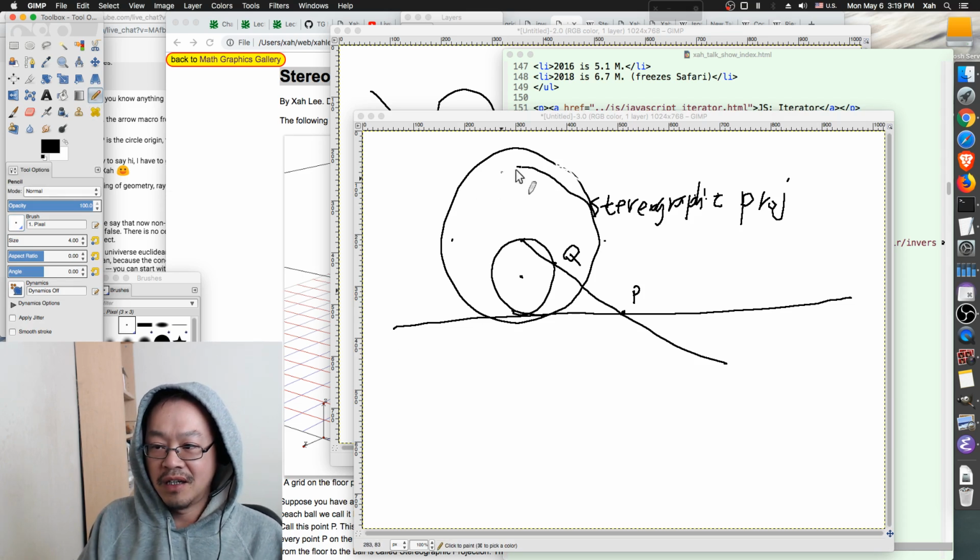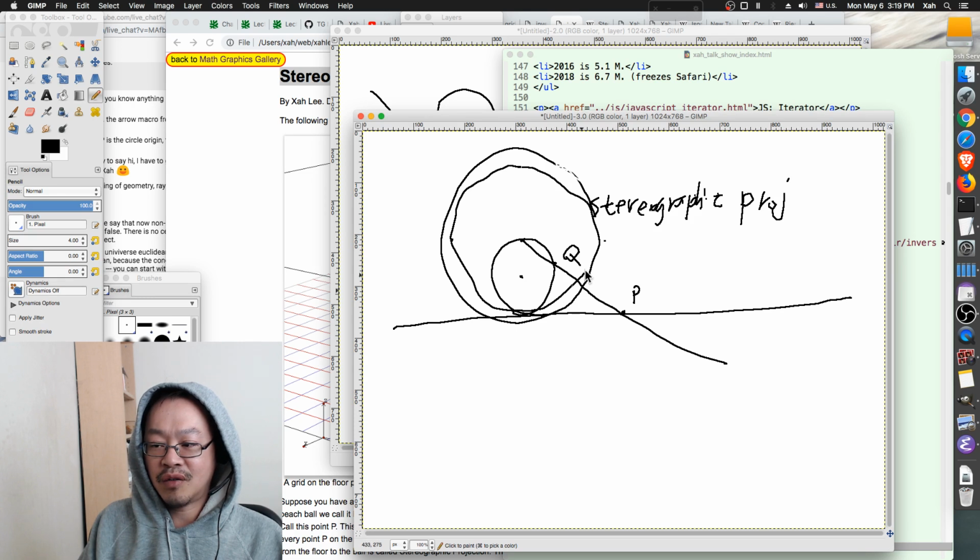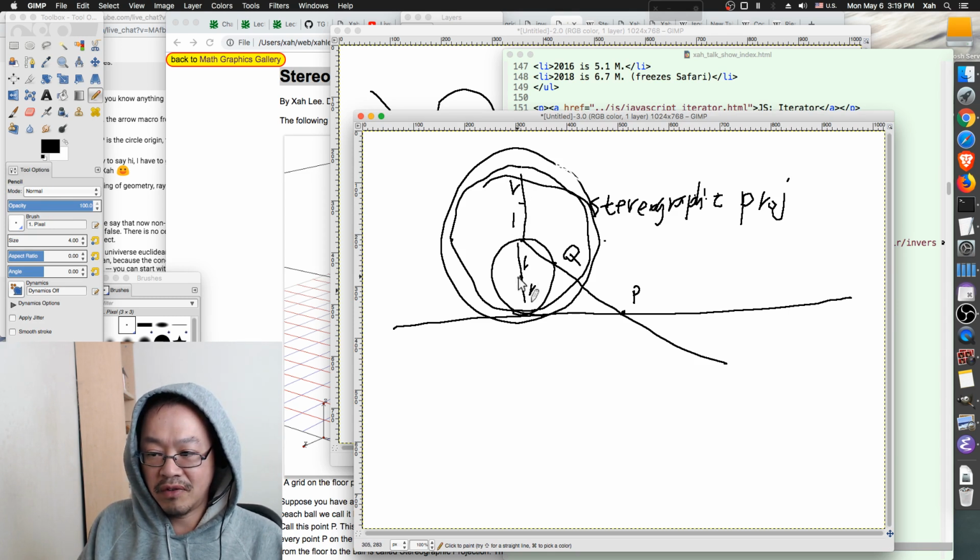Imagine there is a circle twice as large. From here, this is R. This sphere has radius R, and this sphere has radius 2R.